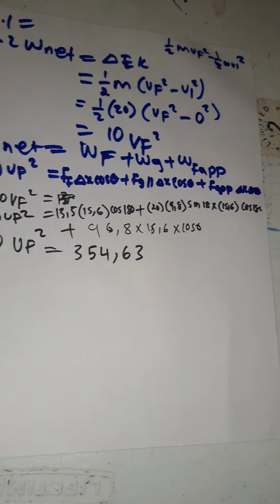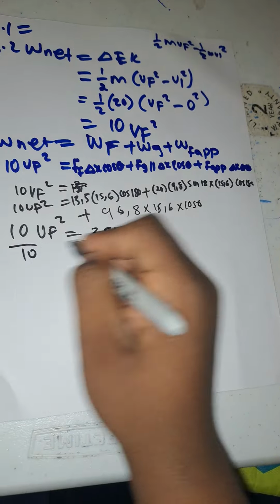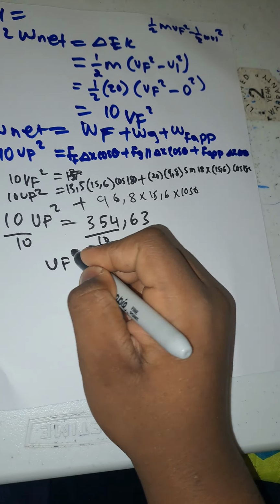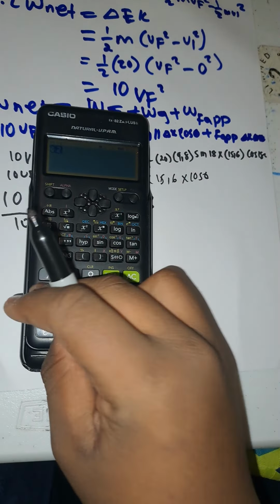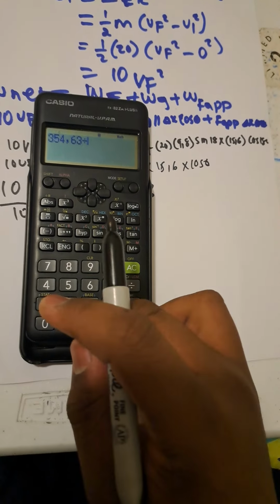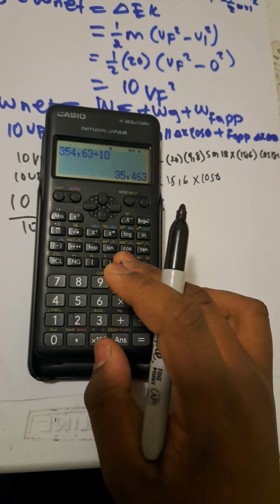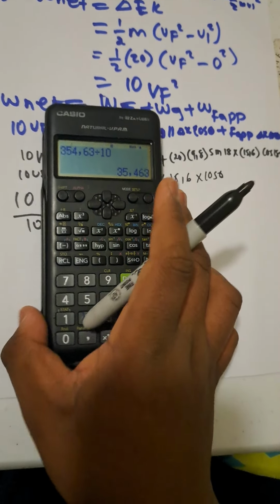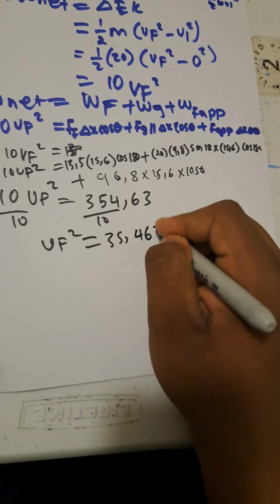Okay, now let's continue. Since it is here, I'm going to divide both sides by 10, so that my Vf squared is equal to 354,63 divided by 10, which is 35,463.